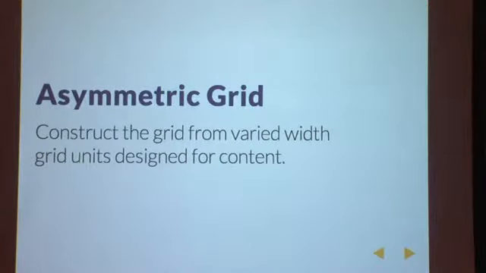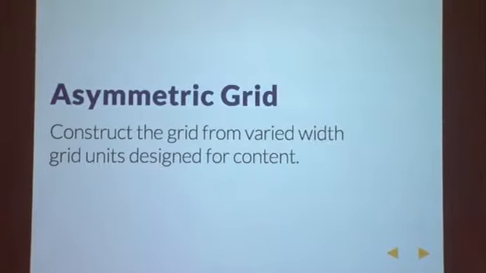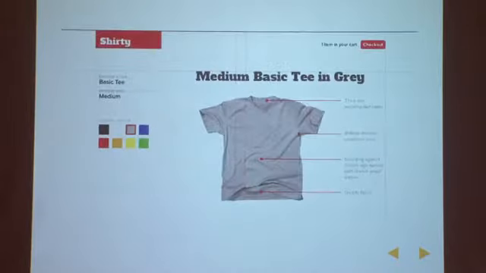There's another one, asymmetric grids, which construct a grid from varied width grid units designed for the content. I take a little bit of issue with the name asymmetric grid, but I've kept it here because I've seen it described this way in a lot of different blog posts and grid systems.